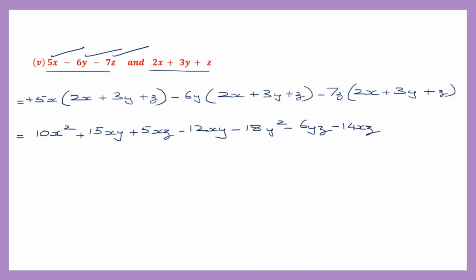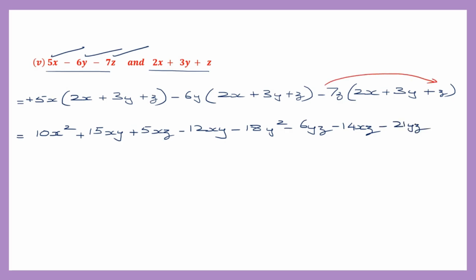Now the next one, minus 7z into plus 3y. So minus into plus is minus. Numbers 7 3's are 21. z into y is zy or yz. So this is minus 21yz.